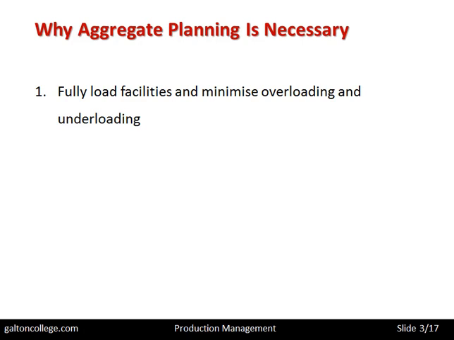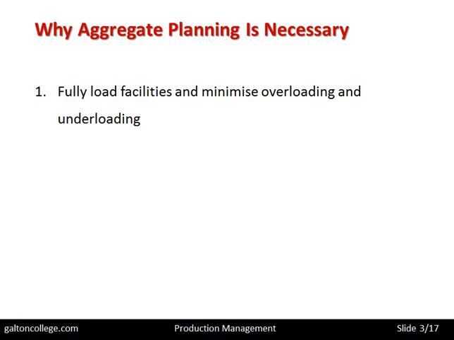So in the usage of plant, machinery, space, the resources of the business, it's important to try and have some idea about what is optimal, what is the reasonable working level, and try to aim for that, thereby minimizing underloading and overloading.